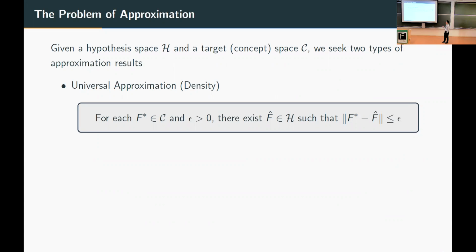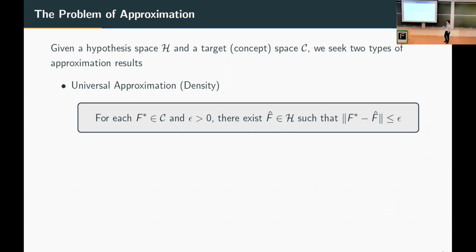So the first one is the so-called universal approximation property. Given some hypothesis space H and a target space which contains all the functions or functionals that you're trying to approximate, the first type of result is universal approximation, or mathematically, you can understand it as a density result.